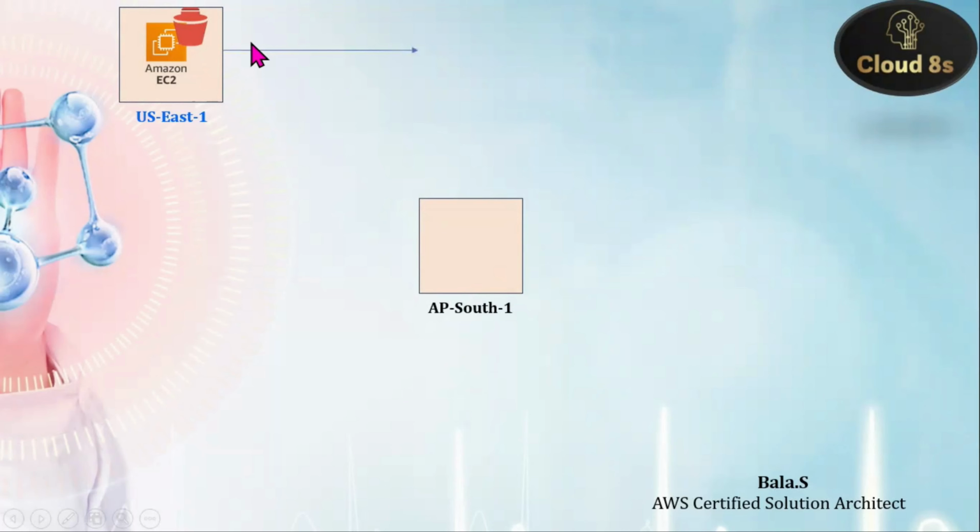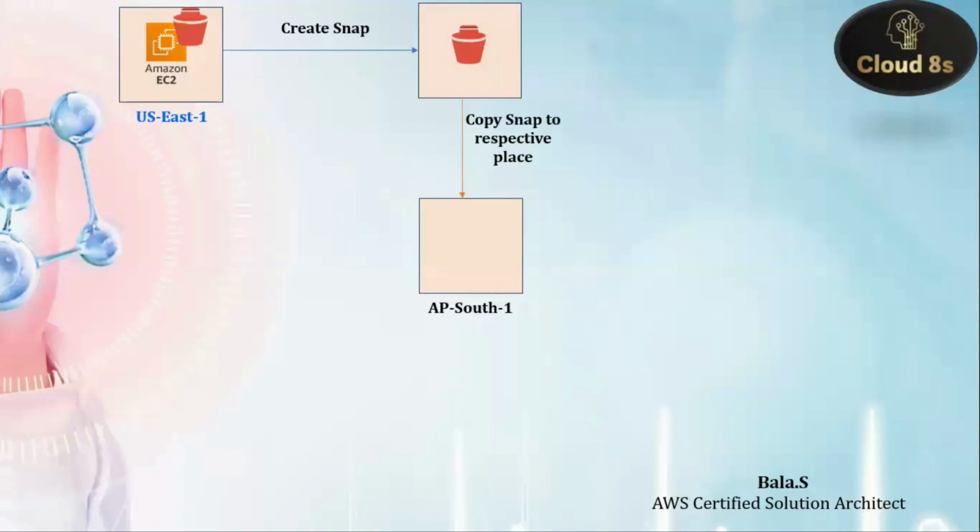First we need to create a snapshot using the existing EC2 instance or volume. By default, it will create the snapshot in the particular region, such as US East 1. Then we need to copy the snapshot to AP South 1.